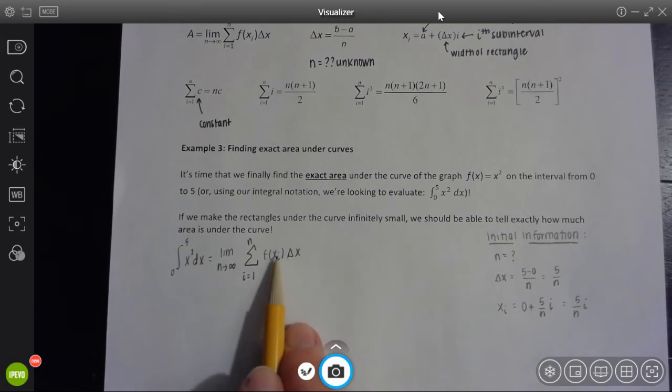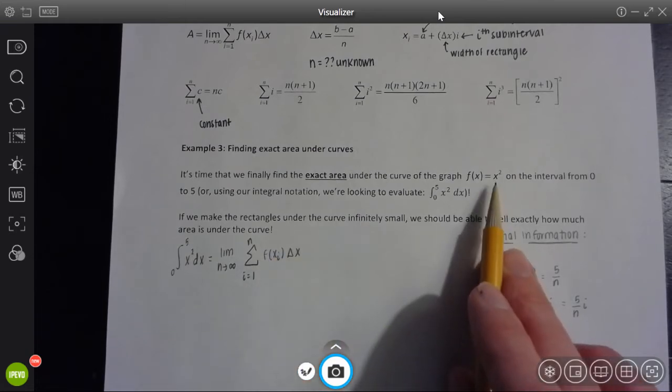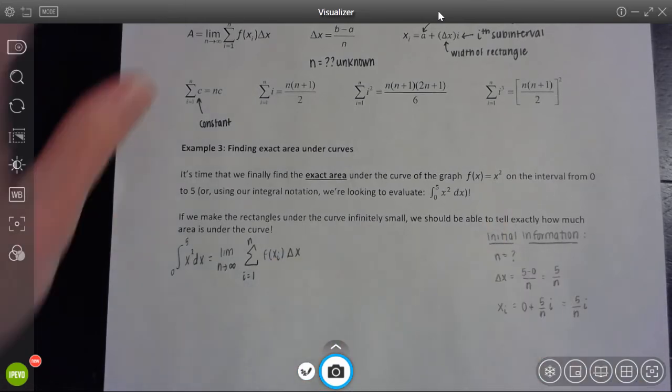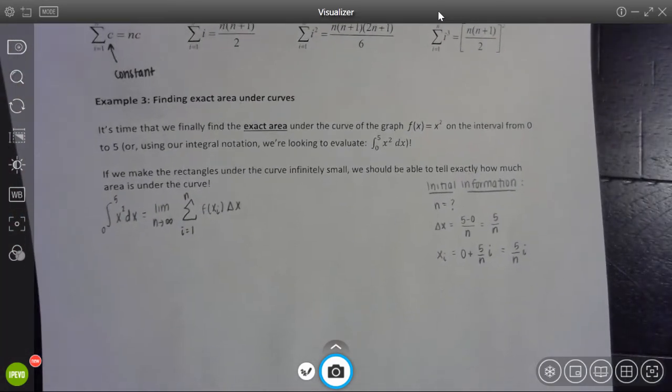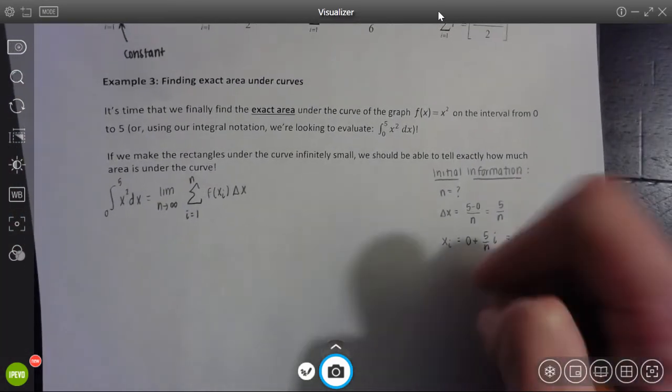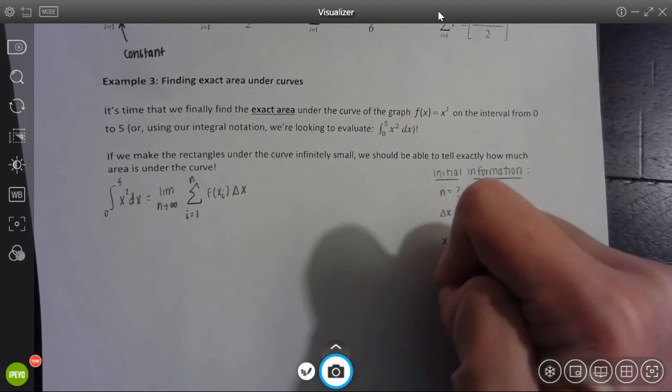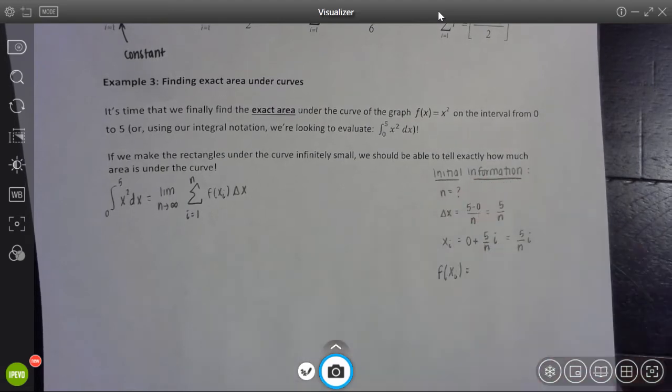So what happens if I plug this x sub i into my x squared function? That's going to be our last piece of initial information that we need in order to help us calculate. So I'm going to calculate what is f of x sub i.